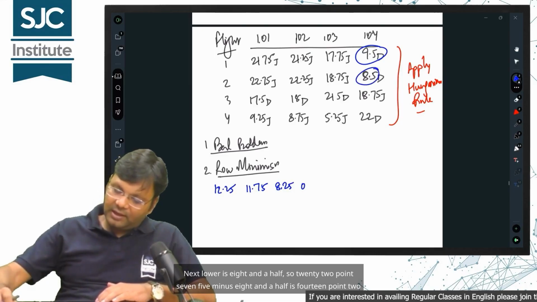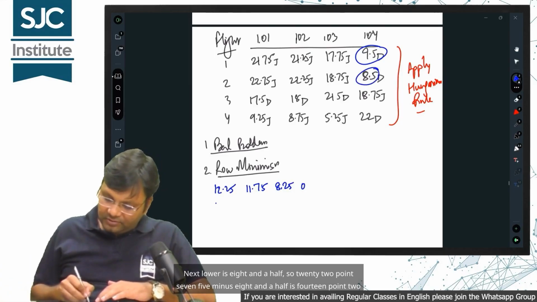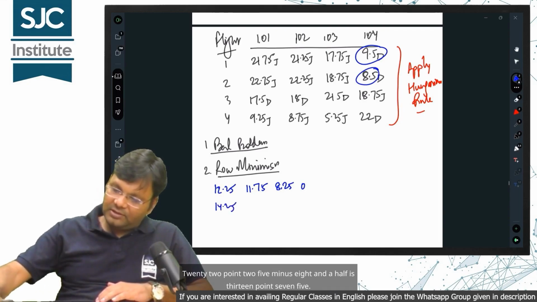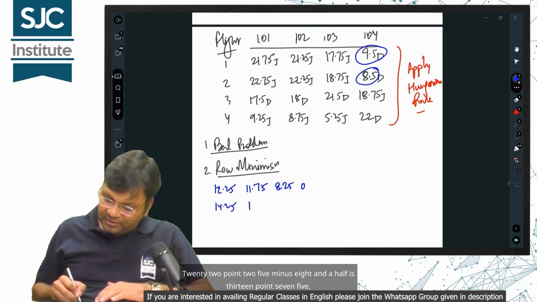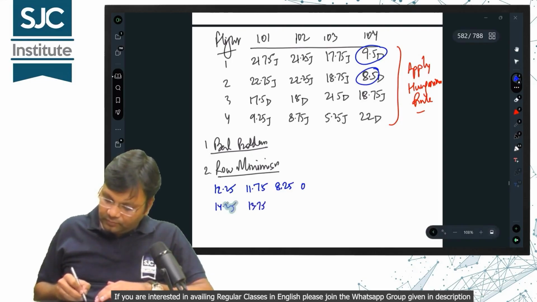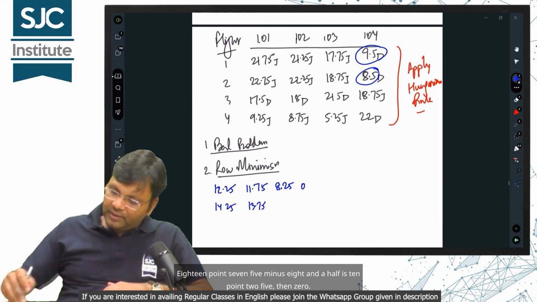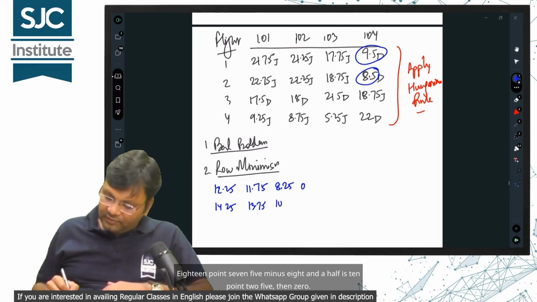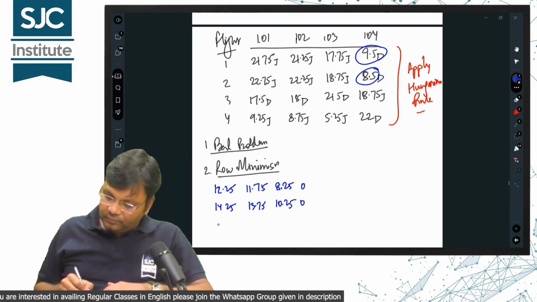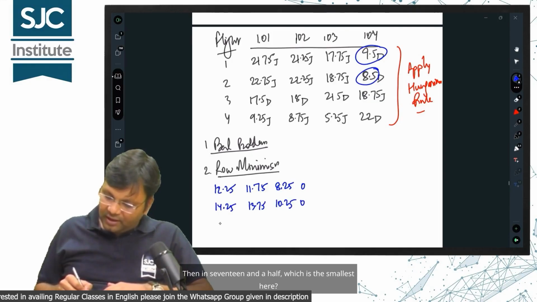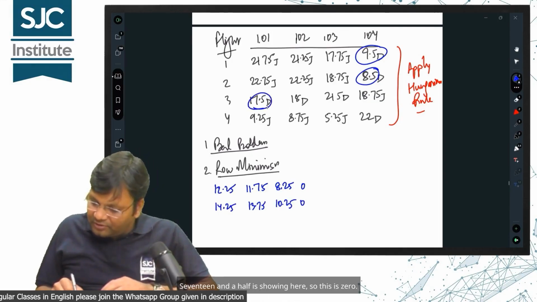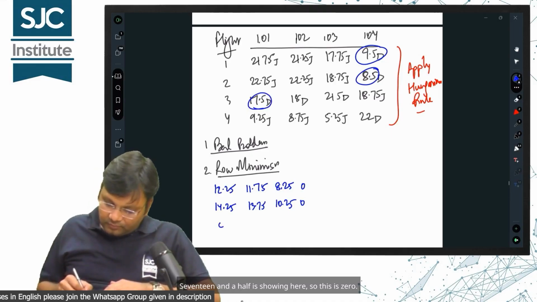Next lower is 8.5. So 22.75 minus 8.5 is 14.25. 22.25 minus 8.5 is 13.75. 18.75 minus 8.5 is 10.25, then 0. Then in 17.5, which is the smallest here? 17.5 is showing here, so this is 0.